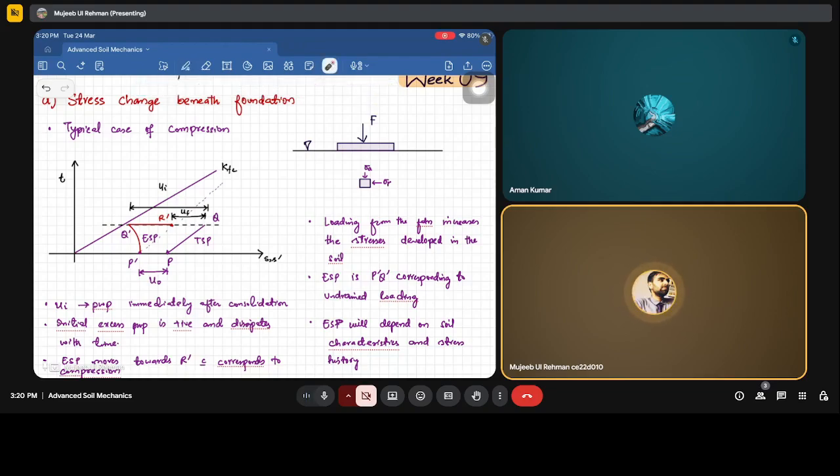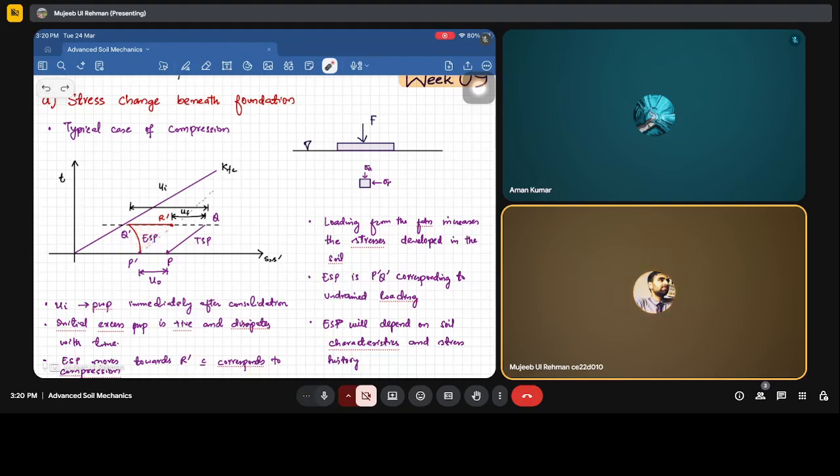Since it's the undrained condition, there will always be a U naught, the initial pore water pressure, and you can see how the undrained conditions are changing the pore water pressure. At each point of time, the U is increasing. Fine. Now it reaches up to a certain point P.